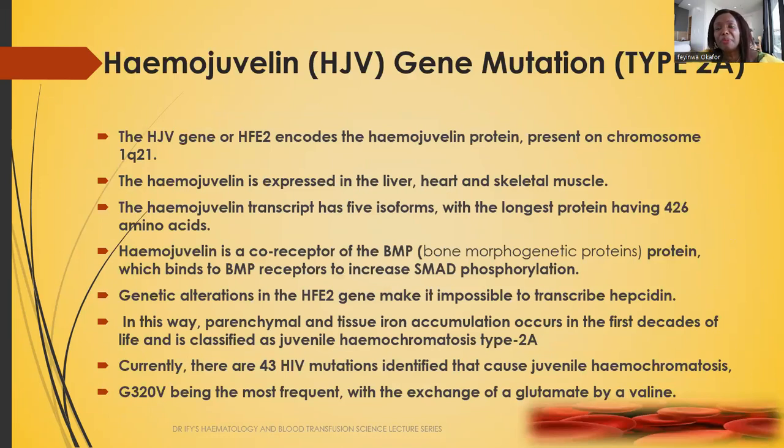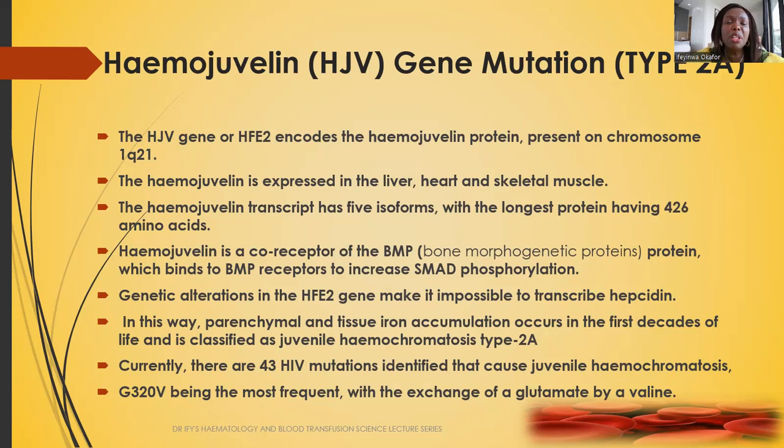Hemojuvelin gene mutation: the hemojuvelin gene mutation causes type 2A juvenile hemochromatosis.